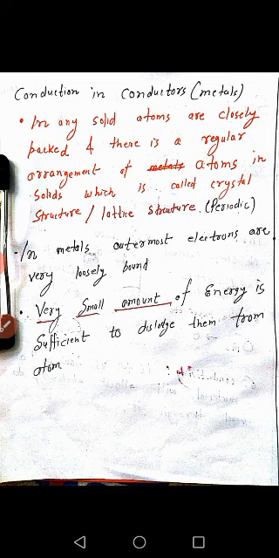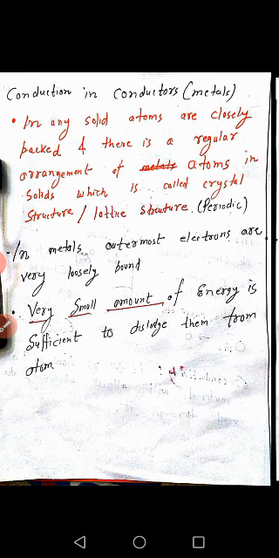Or if we provide a very small amount of energy by any means, by some light source, by some electric field, or by some elevated temperature, the very small amount of energy is sufficient to dislodge them from the atom.